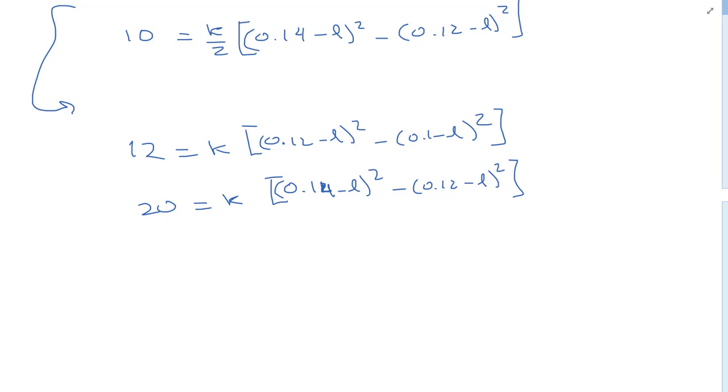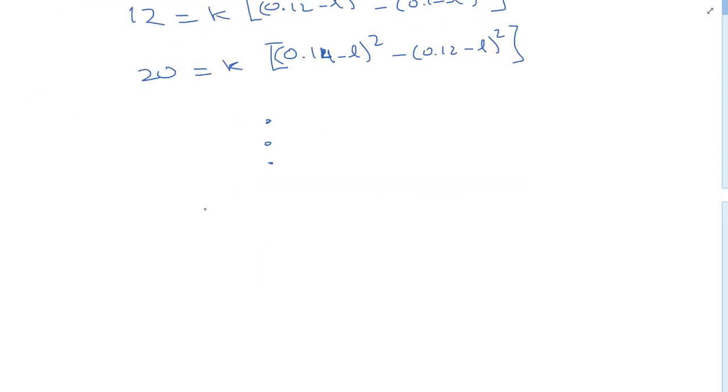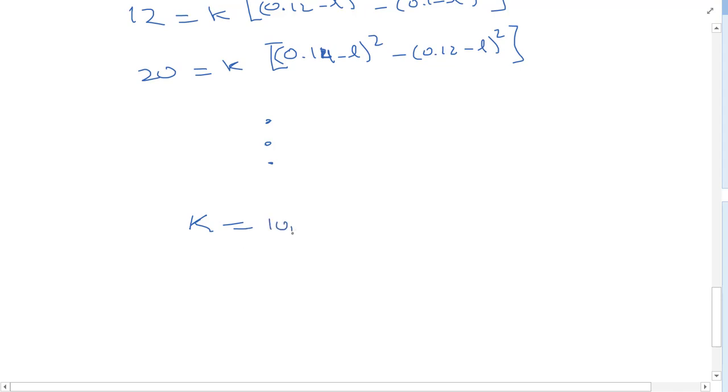I'm going to let you go through that algebra on your own, and like I said, you can either use the substitution method or the elimination method. But once you are done with the algebra here, what you'll find is that you're going to get 10,000 for k, and the length of the spring is 8 centimeters.